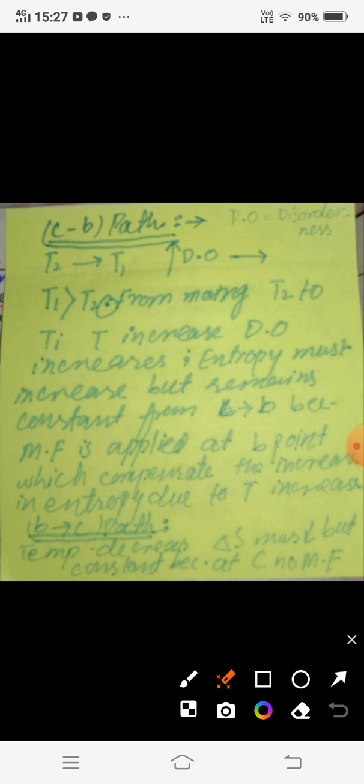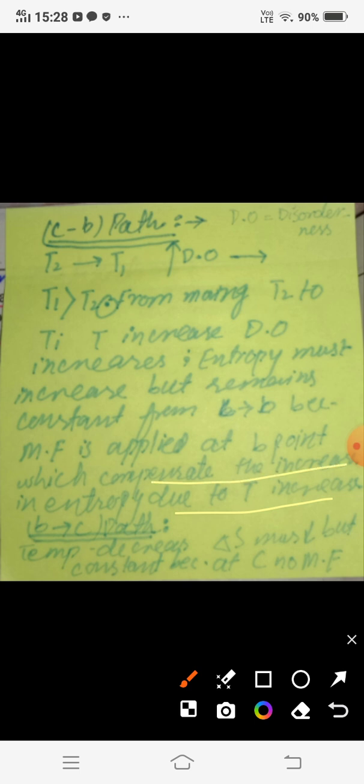Temperature is higher, no doubt, but the magnetic field is also applied. The entropy would increase due to the effect of temperature, but by the application of the magnetic field that effect is cancelled out, because magnetic field application causes the arrangement of the electrons and decreases the disorderness of the electrons or the system.